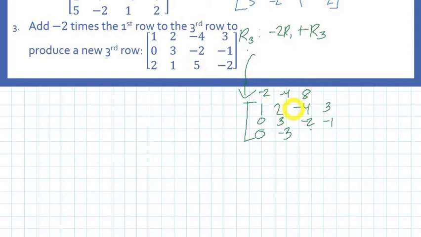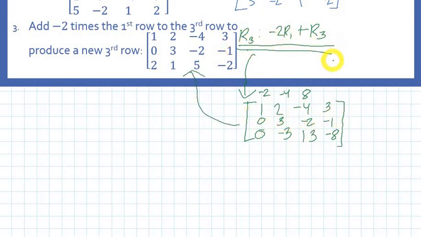Plus 5, that is 13. -2 times 3 is -6. Plus -2 is -8. So there you go. Alright, so we now have a new matrix, but since we performed a row operation, they are equivalent.